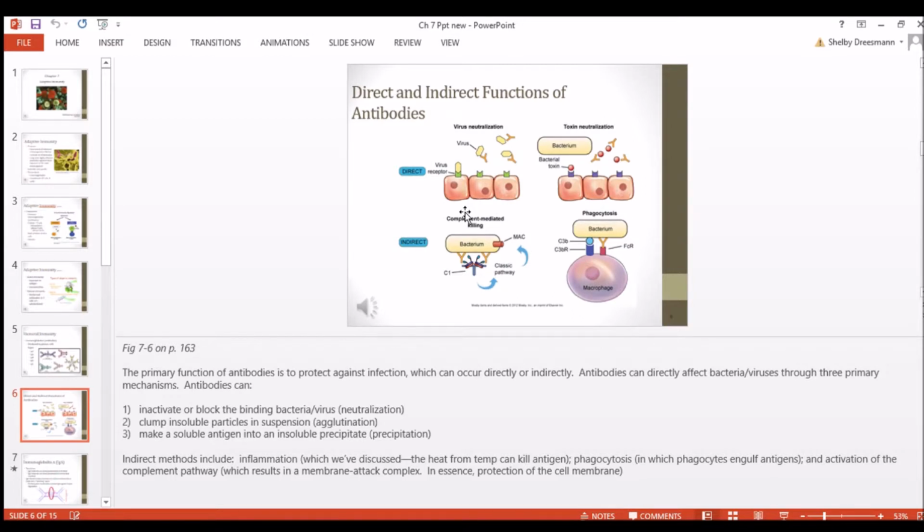Direct and indirect functions of antibodies. The primary function of antibodies is to protect against infection. It can be direct or indirect. There are 3 different mechanisms. There's inactivation, or blocking of binding. That's like attaching different puzzle pieces all around that one puzzle piece, so we're neutralizing it.